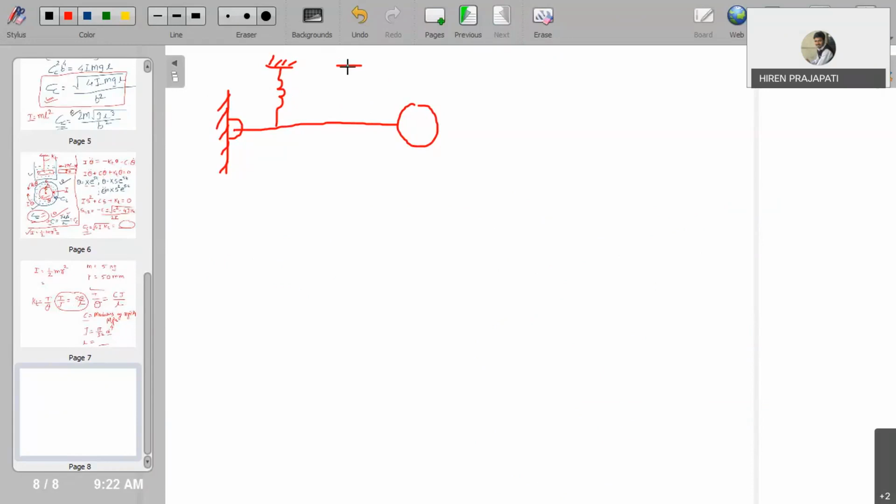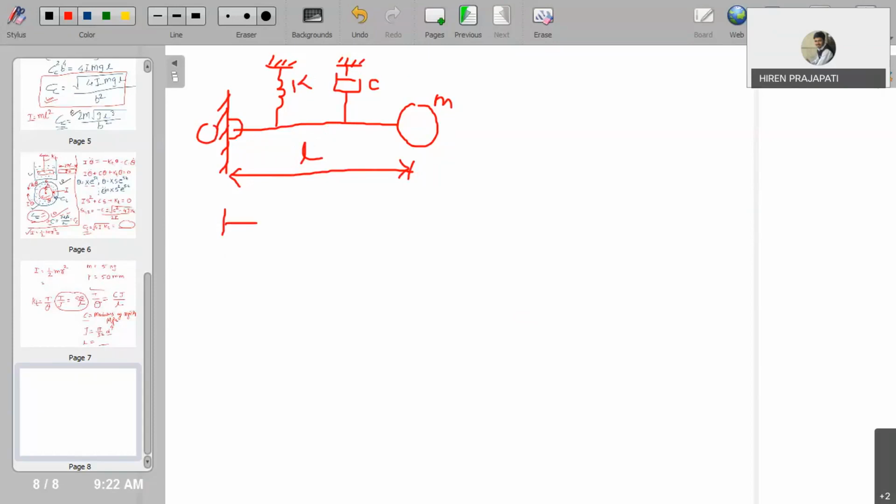Then I need to find the critical damping constant, and I need to set the critical damping constant equal to the external damping C. This is K and this is M, and the length of this is suppose L, right? Let me tell you, suppose O is the hinge point about which this can oscillate.